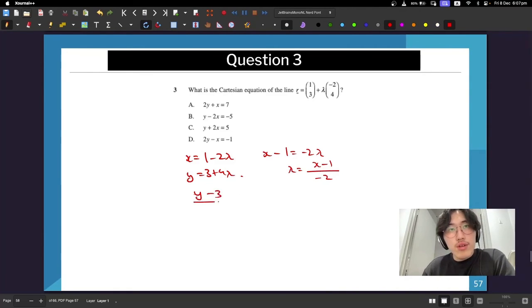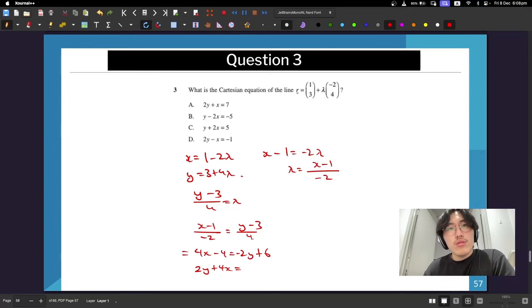So y minus 3 on 4 equals lambda, and then equate the two lambdas. So x minus 1 on negative 2 equals y minus 3 on 4. 4x minus 4 equals negative 2y plus 6. And then we've got 2y plus 4x equals, did I mess something up?